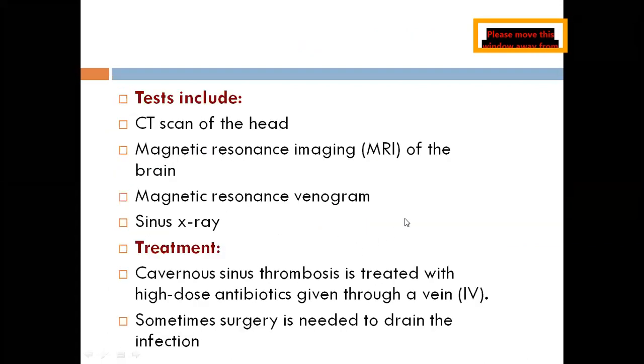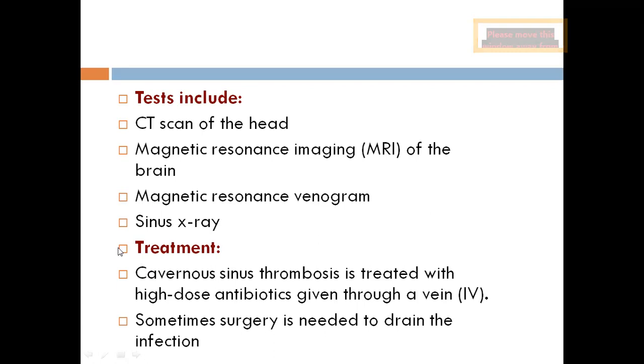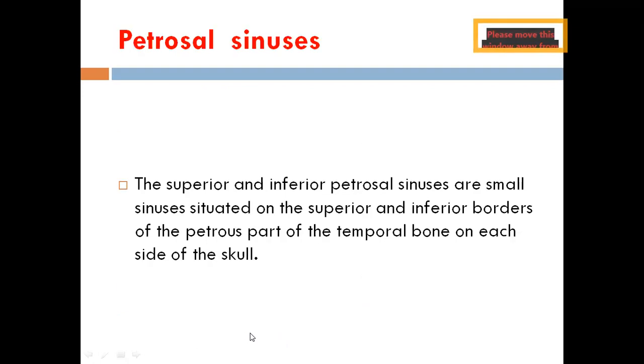Generally, we undertake a CT scan of the head, MRI, magnetic resonance imaging of the brain, magnetic resonance venogram, and sinus X-ray, that means the paranasal air sinuses are also checked. Cavernous sinus thrombosis is treated with high dose antibiotics given through the intravenous route. Sometimes surgery is needed to drain the infection.